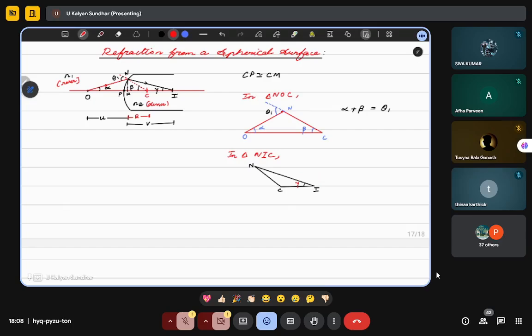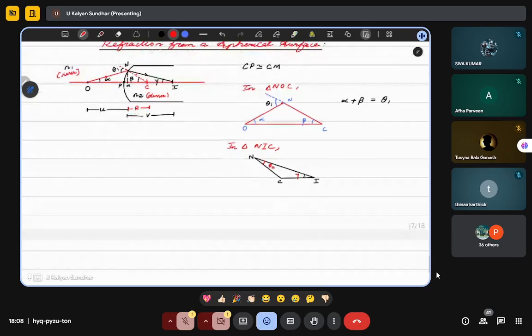Next, what about this angle? It is the angle of refraction. Let me take this as theta 2. The interior angle beta is at this place. So theta 2 plus gamma will be equal to beta. So this is your first triangle and this is your second triangle.